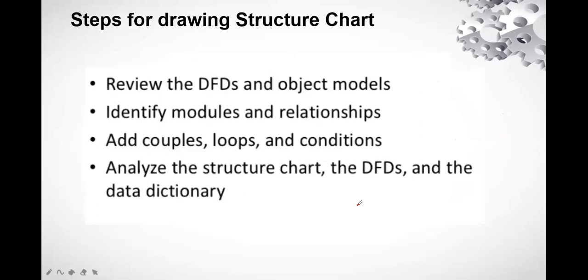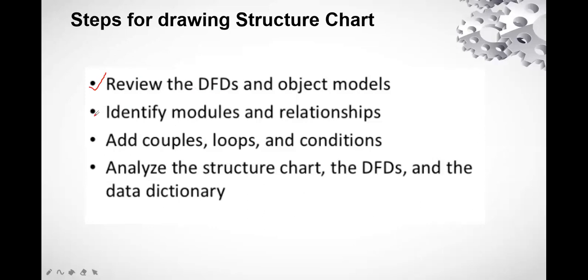Now, how are we going to draw the structure chart? What are the steps? First, as I told you earlier, before starting the structure chart design, we need to work on the DFDs. We review the DFD so that we can find all the missing functions and modules in the system.